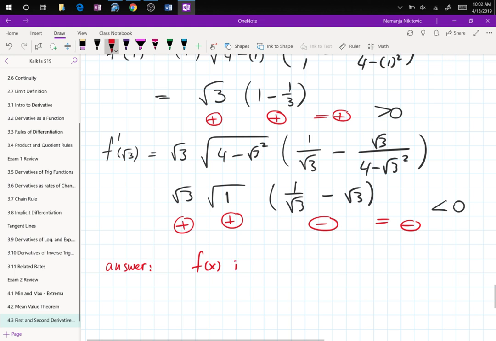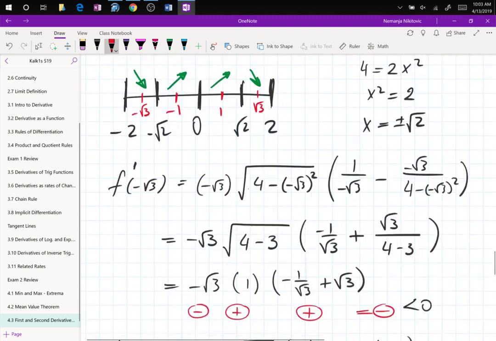f of x is decreasing on, and then just look at all of the arrow down.